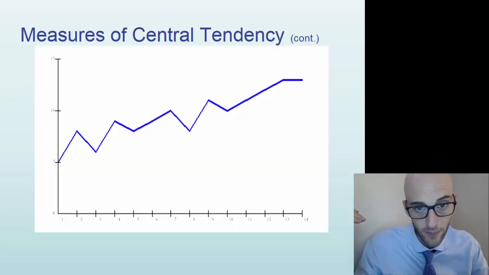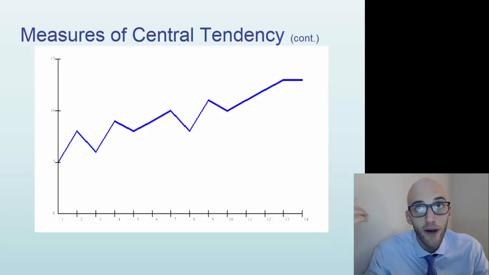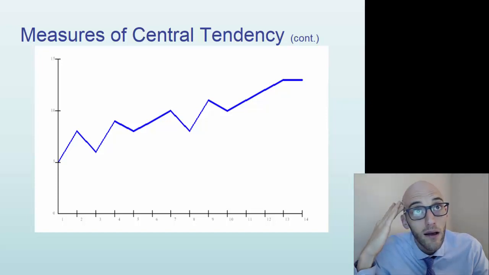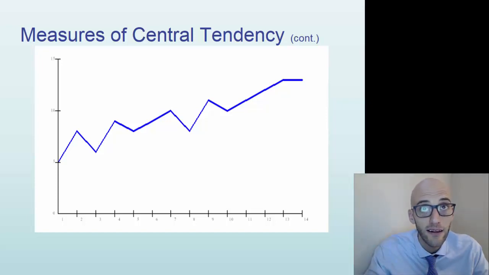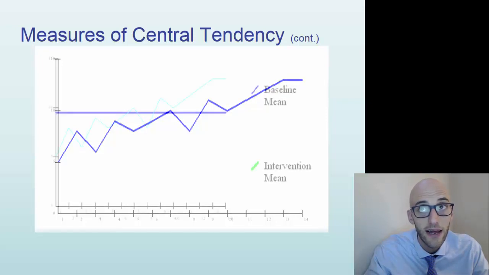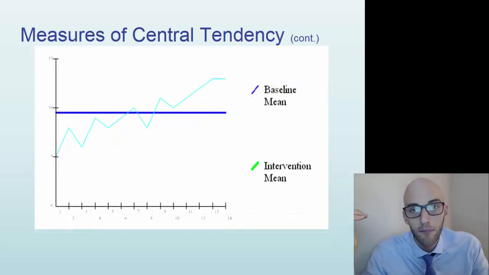Upon visual inspection of this data, the directionality is somewhat unclear. There's a somewhat stable increasing overall trend. We technically could calculate the mean of this series of data and superimpose a mean line, and it would look like this. But this probably doesn't represent the data all too well, because then you lose that trend line, that positive increasing trend here.